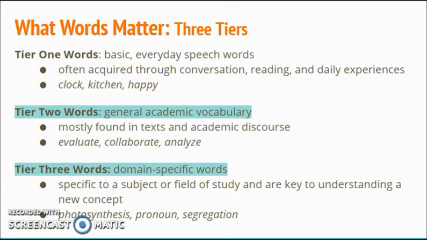We also discovered that Tier 1, 2, and 3 words may be taught implicitly, but we also know that Tier 2 and 3 words must be taught explicitly due to the contextual importance of these words. In other words, if the meaning of the Tier 2 and 3 words are unfamiliar to the learner, then the true meaning of any given text or situation may remain uncovered.